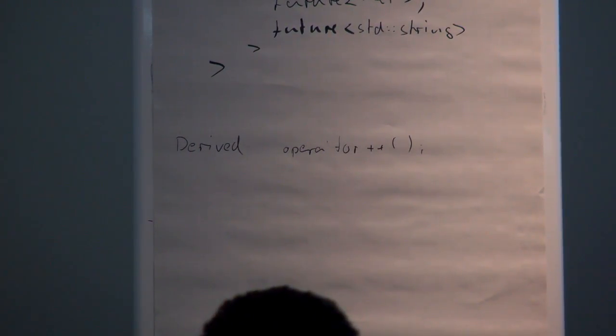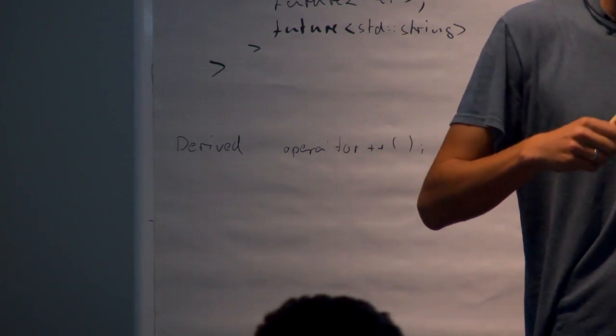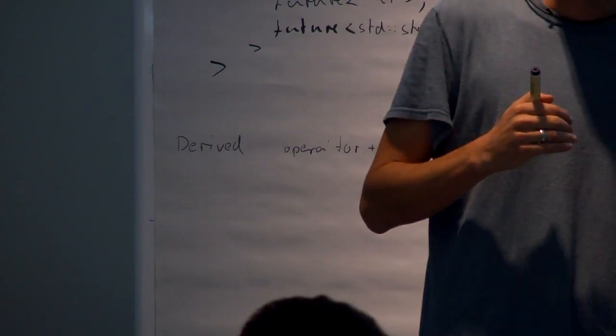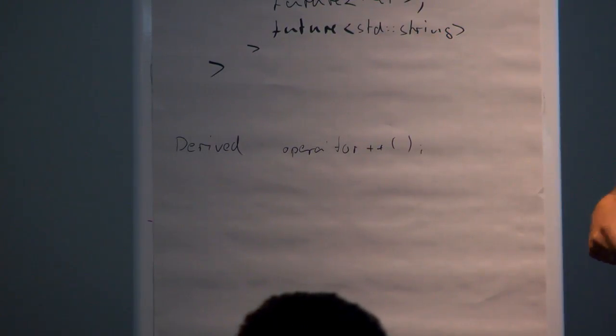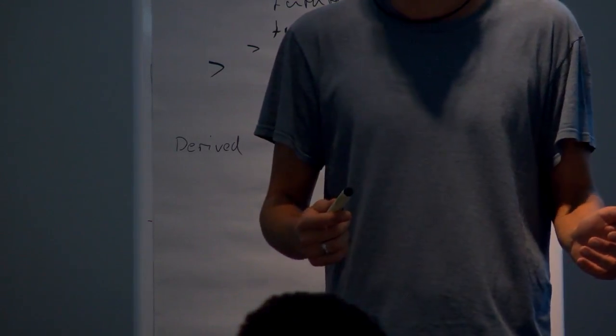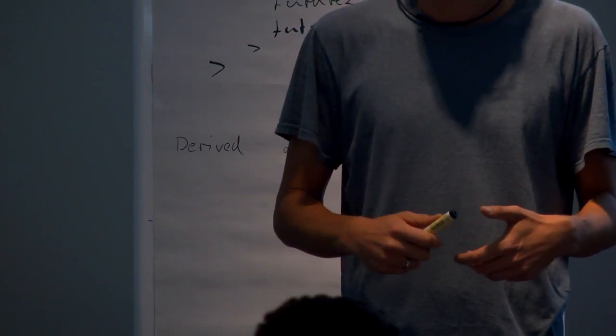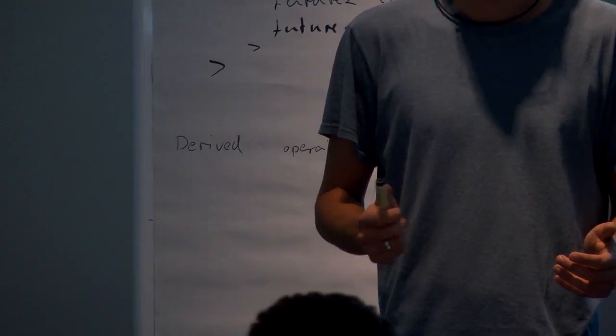That's what the first template parameter is, right? We pass in the derived class as a template parameter so we can use the type inside of this base class to do some operation. That's called the curiously recurring template pattern, CRTP.